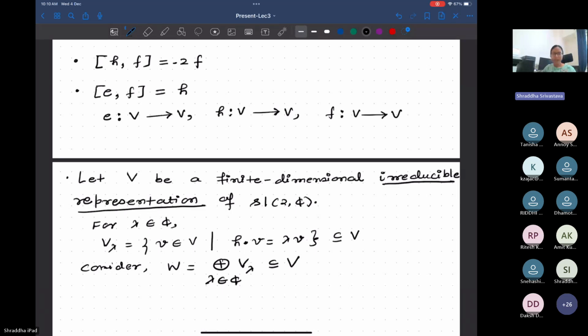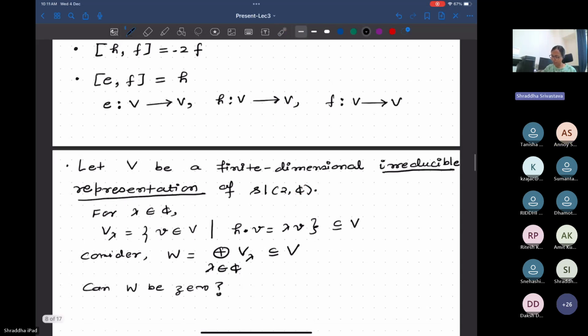Okay, but can W be 0? Can you say why W is non-zero? That's equivalent to saying that for at least some lambda, this V lambda is non-zero. We are taking the field to be the complex numbers, which are algebraically closed. Exactly, precisely.